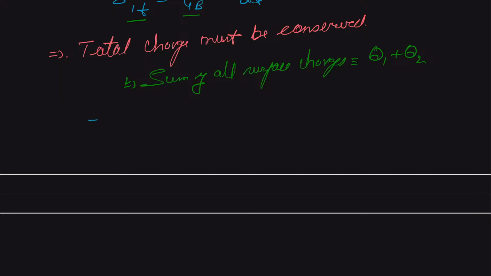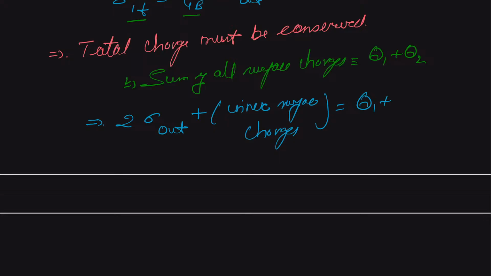Therefore, in terms of an equation, we write that twice the charge density of our outer surface plus the inner surface charges will be equal to Q1 plus Q2.